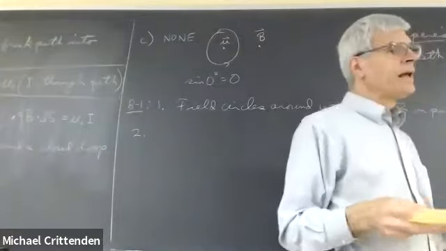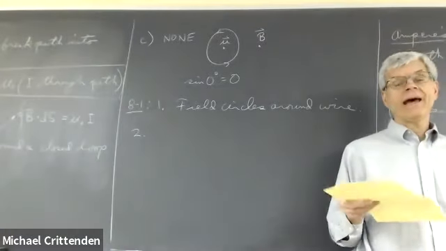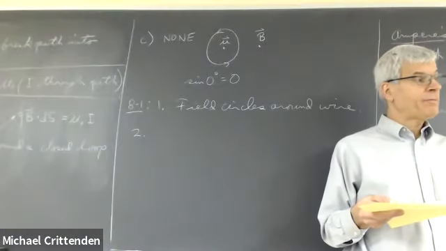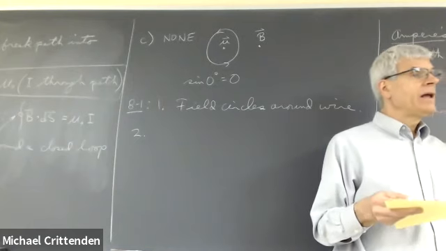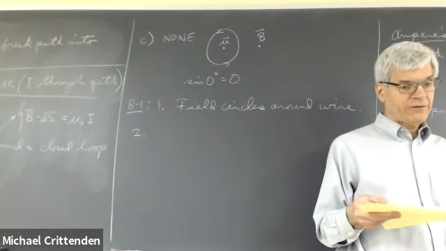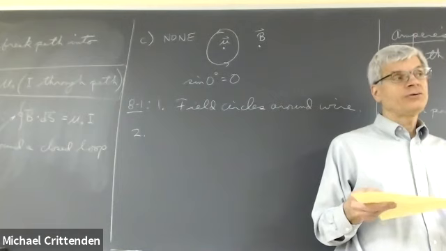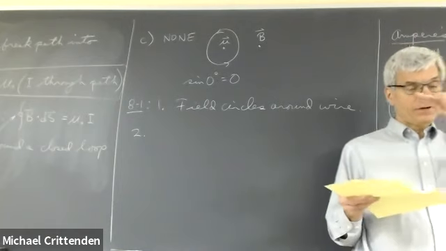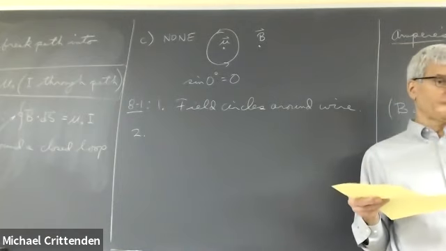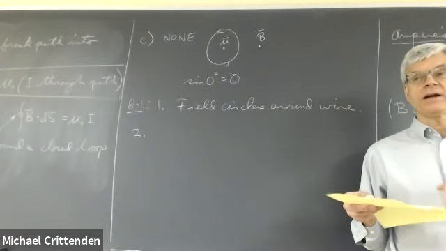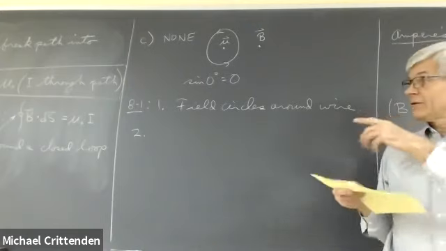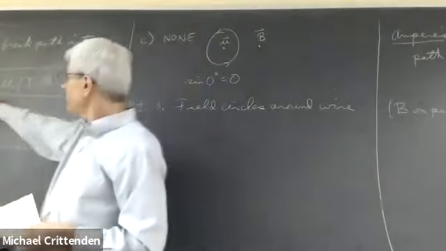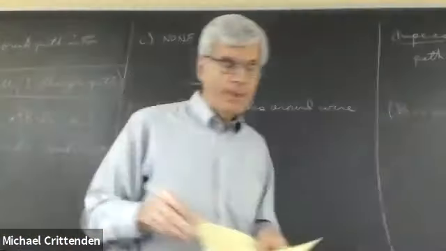Step two, Ampere's law refers to a path. So you have to have a path in mind. And as with choosing a Gaussian surface, you want to choose a path where hopefully the field keeps a constant strength and also a constant angle. There's that cosine factor that goes with the dot product.